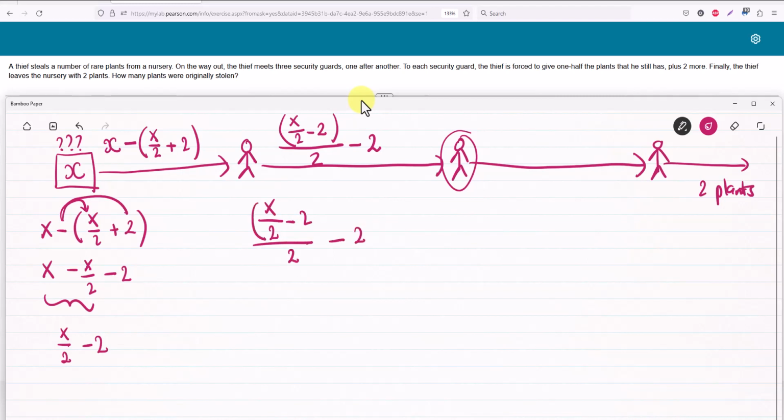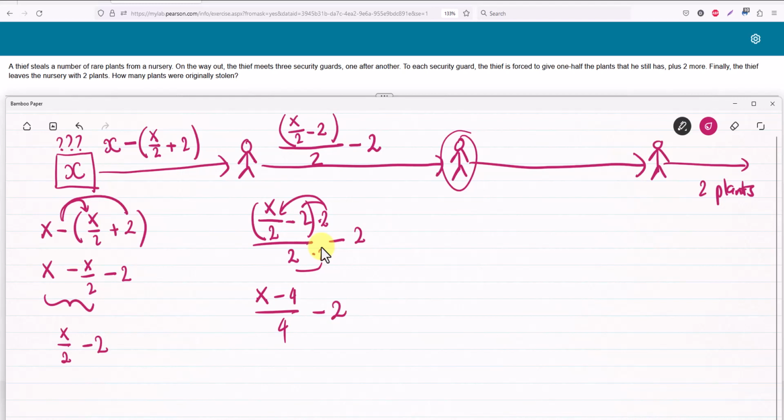Okay, so this is a complex fraction. I would like to multiply by 2 on the top and the bottom. If you multiply a number to the top and the bottom of the fraction, that is okay because you are simply multiplying by 1, right? I multiply by 2 because it will cancel with the 2 at the bottom. So I have x only. Then 2 times minus 2 is minus 4, and 2 times 2 is 4, and minus 2.